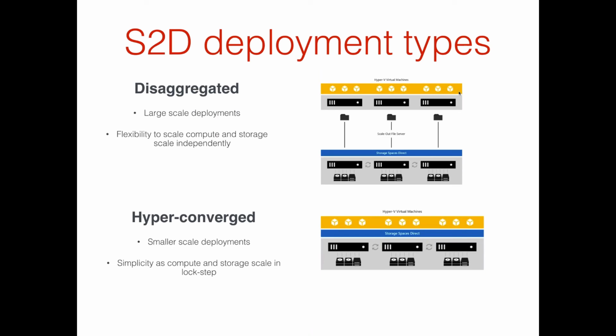As you can see here, we have disaggregated. So again, the servers are separate, but instead of the hard drives and the SSDs being in separate disk trays, they live inside the servers themselves. That also opens up the option for the hyper-converged deployment flavor, where the Hyper-V servers themselves running the virtual machines are also storage servers, and then you have the hard drives and the SSDs internally inside those servers.